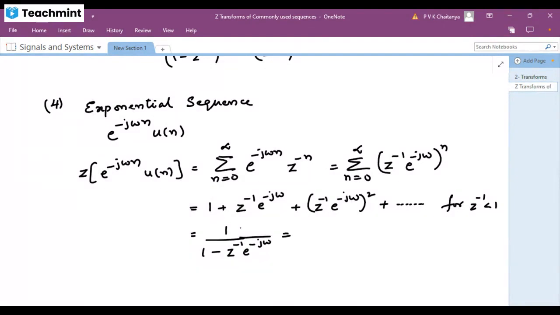So I can also write this as, if I write z inverse as 1 by z, Z by Z minus e power minus j omega.